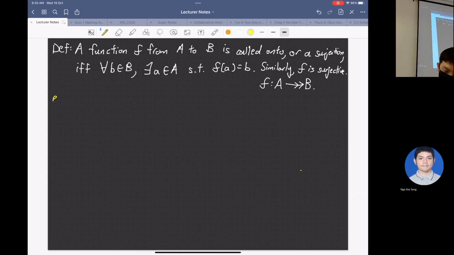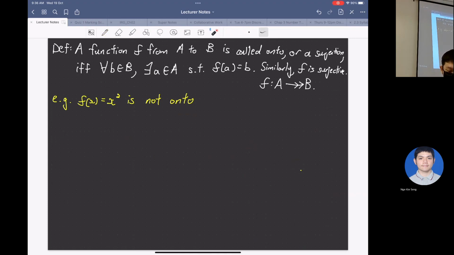So for example, f(x) equals x squared is not onto. Why is it not onto? There must be some element in the codomain that it doesn't get mapped to. Any ideas? Because it's always positive. Yes, because it's always positive.